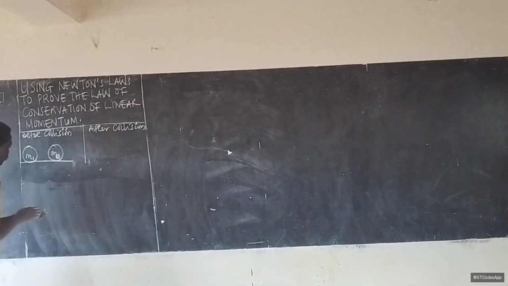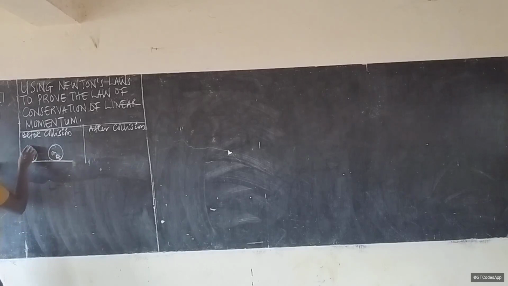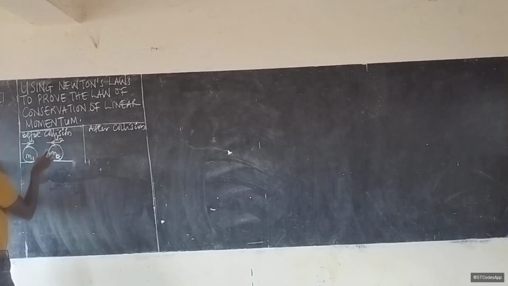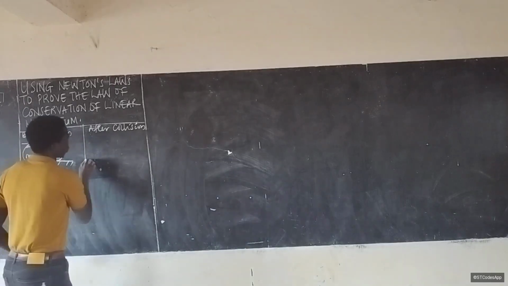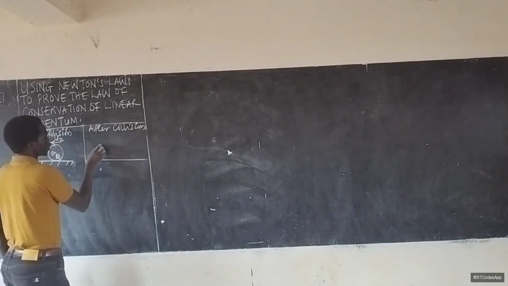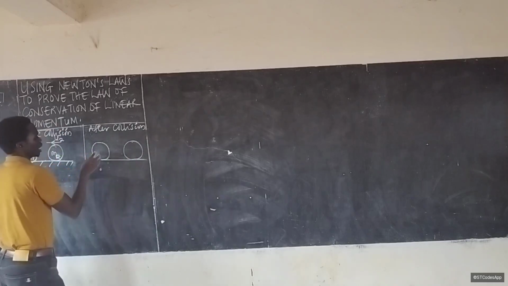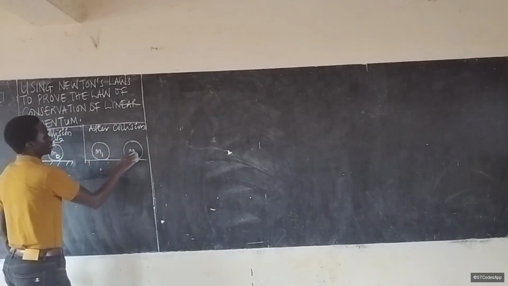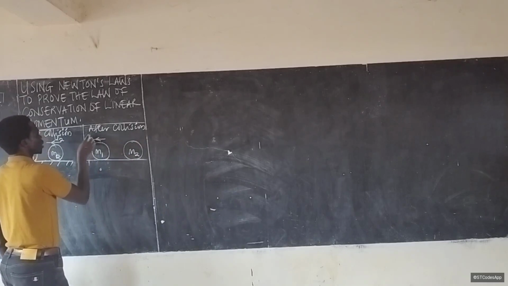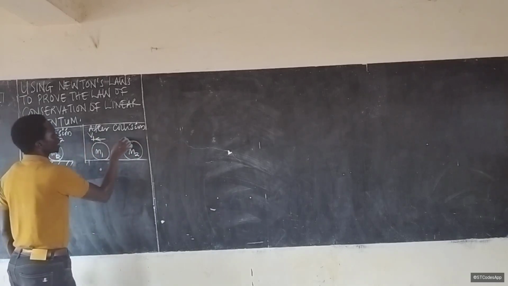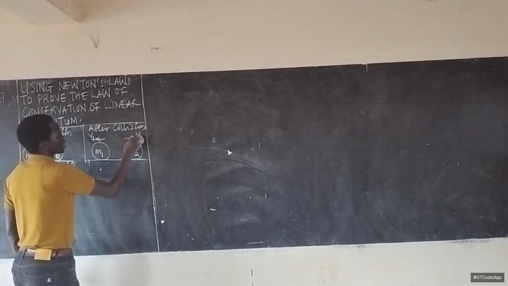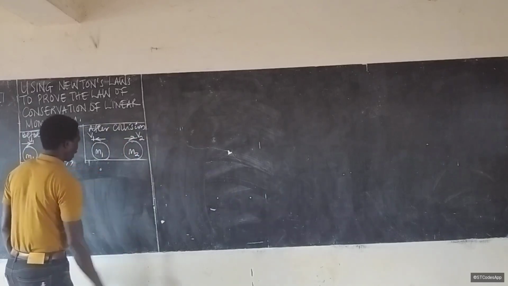This body moves with velocity u1, and this one moves with velocity u2. This is the horizontal surface or the horizontal ground. Then after collision, we shall have the two bodies, m1 and m2, moving with different velocities in different directions.